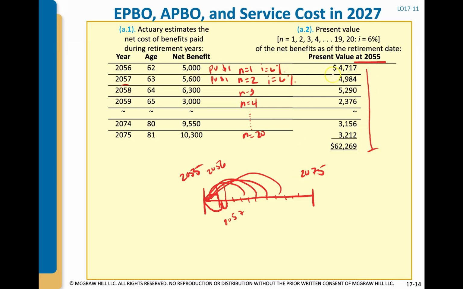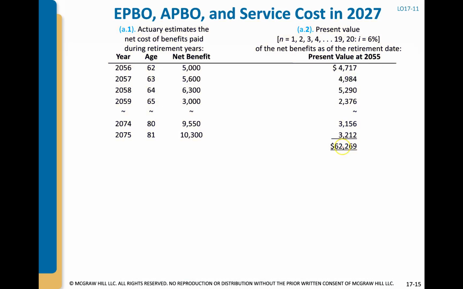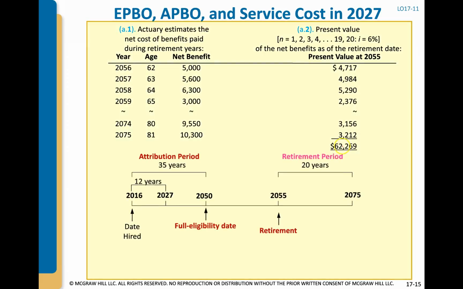And so when I add up all those present value amounts, I get to $62,269. So let me show you what we're going to do with that. So right now, what we've done is we've present valued all these different costs that we're going to have for 20 years, and we've present valued that to 2055, and that present value is $62,269.